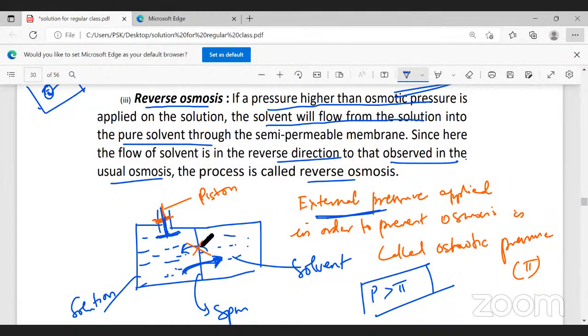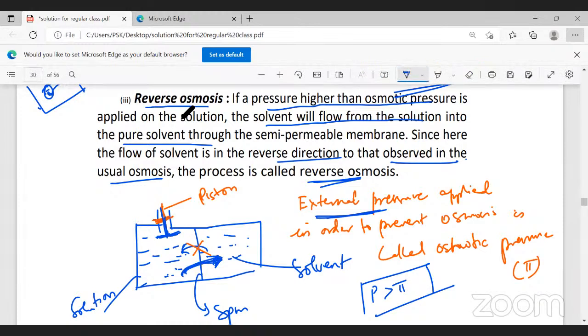Reverse osmosis. What is osmosis? Flow of solvent particles from the region of lower concentration to higher concentration. Now, the pressure applied to prevent osmosis is called osmotic pressure. If you apply pressure greater than the osmotic pressure, the solvent will move from the region of higher concentration to the region of lower concentration. It's the opposite of what?